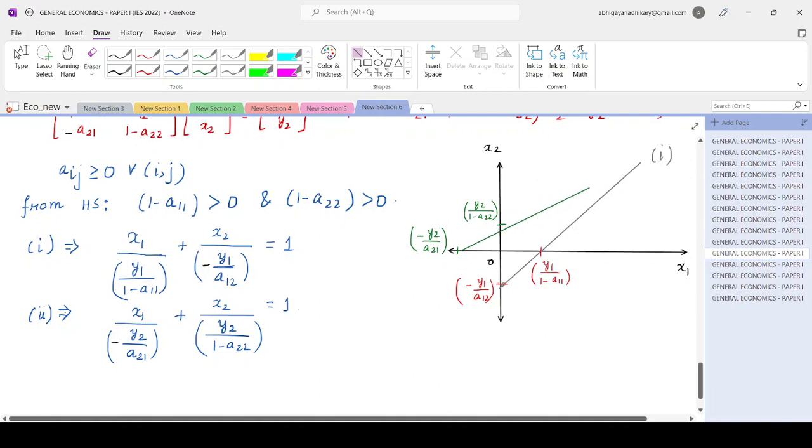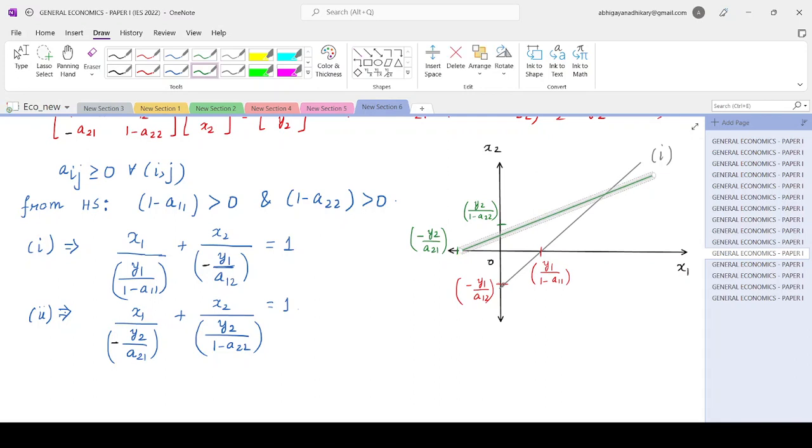As you can see, we want to find a solution in the first quadrant. That means the second line needs to be flatter than the first line in order to guarantee that, right? Because if it's steeper, you can see that they will never intersect in the first quadrant. So the condition that we require to investigate is the second line being flatter than the first line.